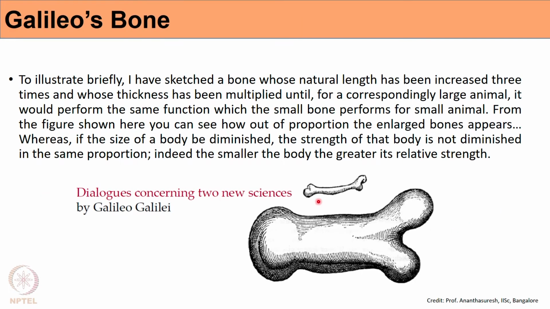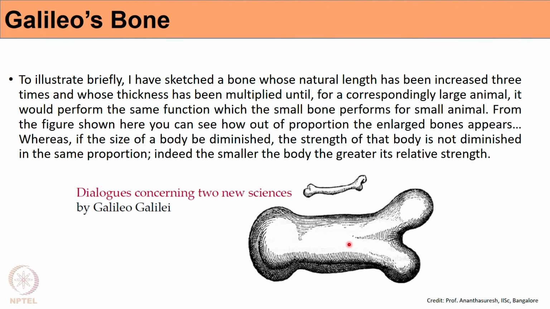To explain the scaling effect, we will use this Galileo's bone example. So here what we are doing, let us take this small bone and then enlarge it by 3 times in XYZ dimension, whereas the thickness of the bone will be enlarged by the same amount as is required for a 3 times larger animal. Now if you see, the larger bone will appear like this, which looks very disproportionate, right?